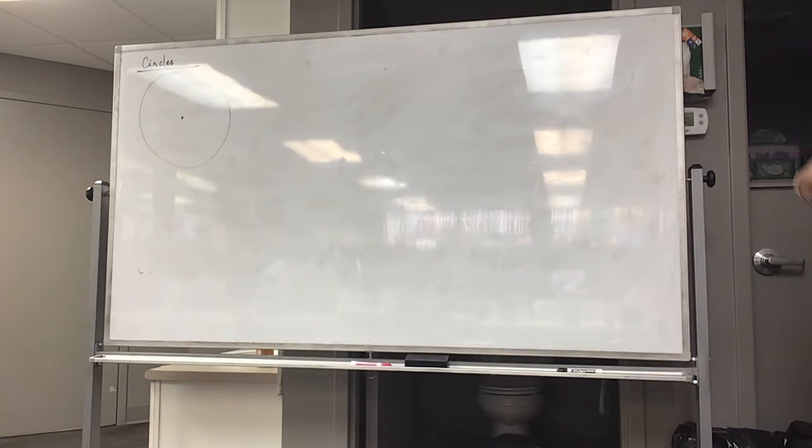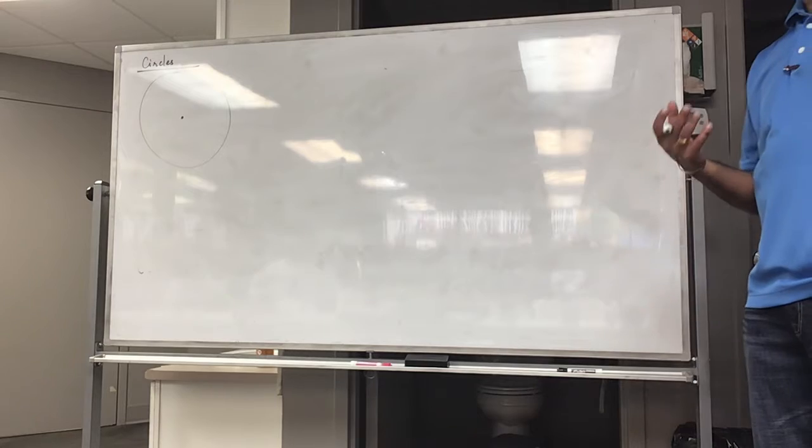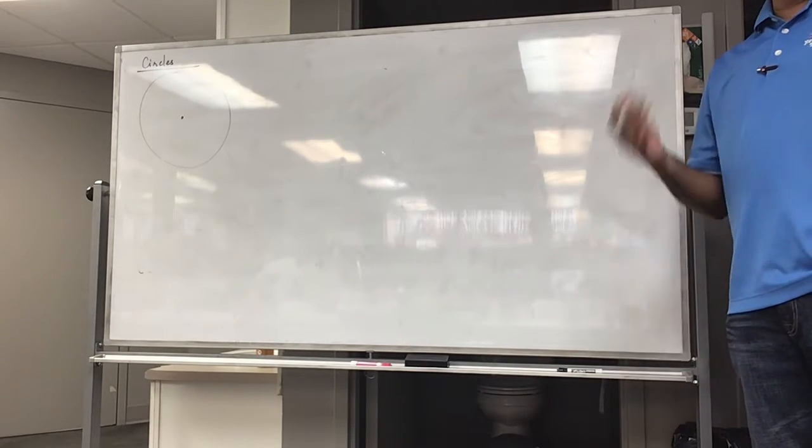That's good. Circumference is 2 pi r, area is pi r squared, right? You guys know all these things.